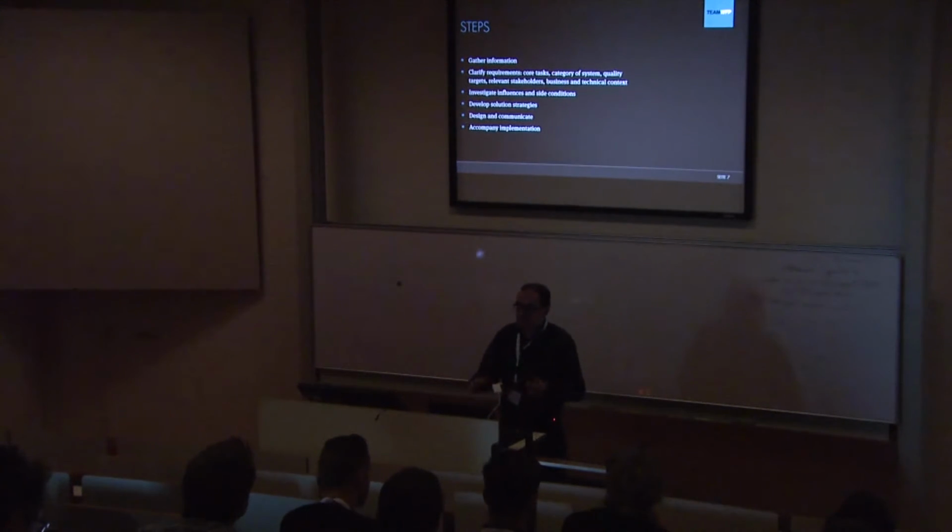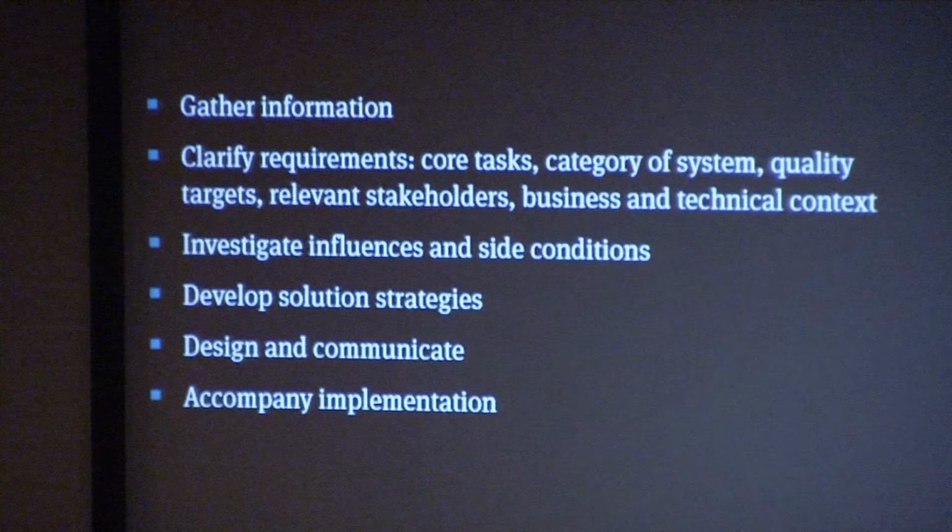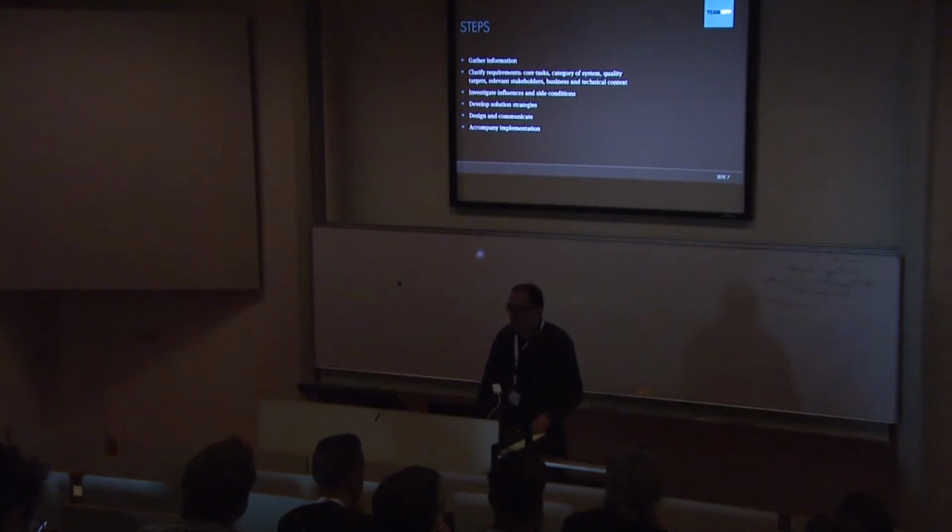To identify this: sometimes there is a manager somewhere whom you don't know at the beginning, but he can influence the system, and when he says he wants to change this or that, it might cause quite an impact, so you have to gather information about this too. Then you have to develop a solution strategy, make the design, and communicate. And of course, it's important to accompany the implementation.